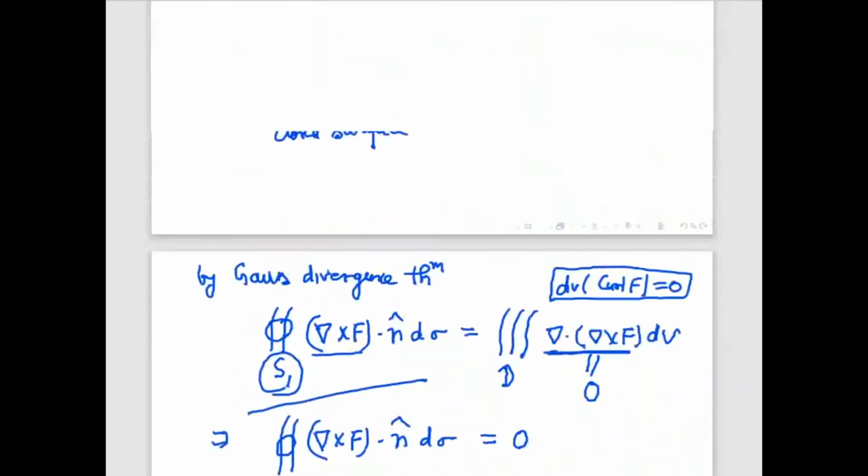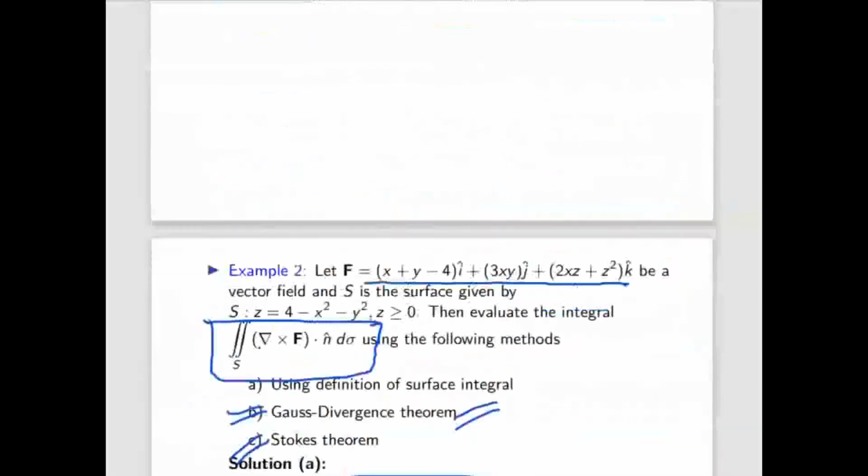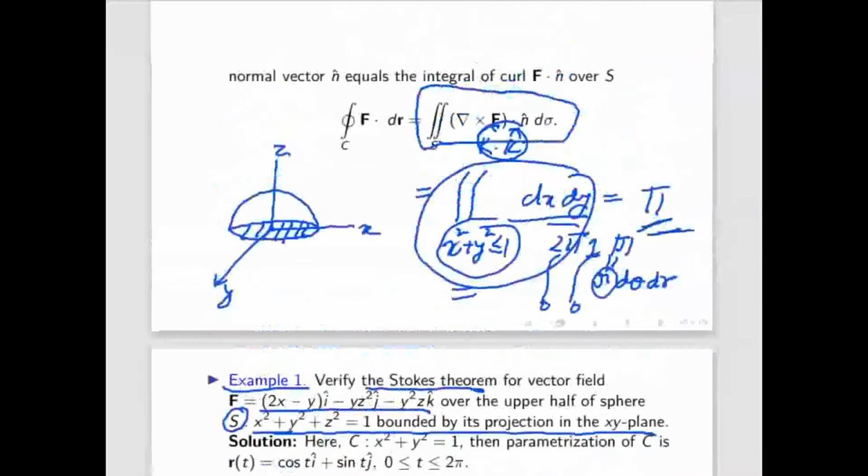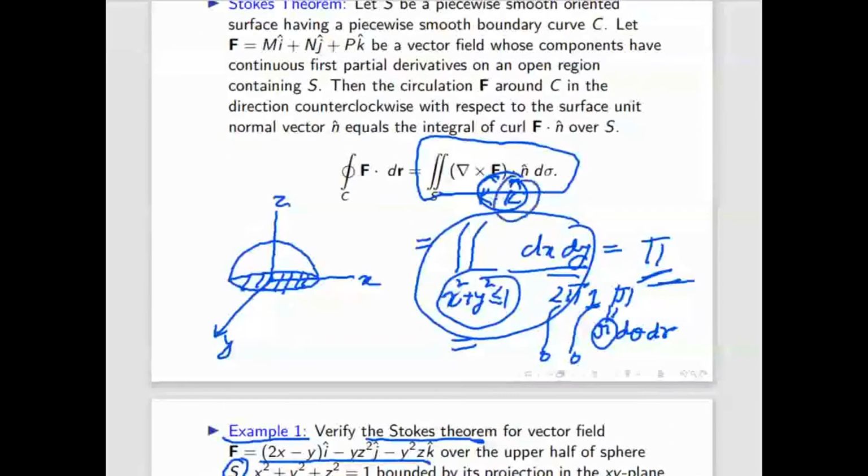That's why in this question, where I solved example one again using that theorem, I took only k cap, because minus and minus is plus. And that plus k cap, how will you decide? If you move along this boundary, then your head direction will be the normal. If you follow that convention, that is the normal you have to take.